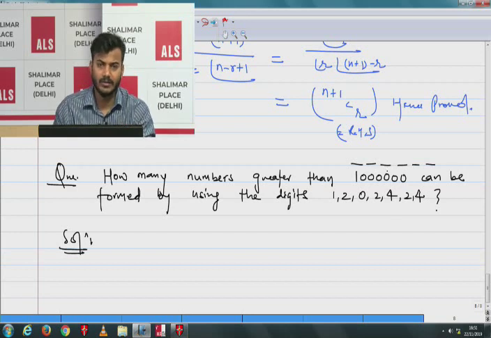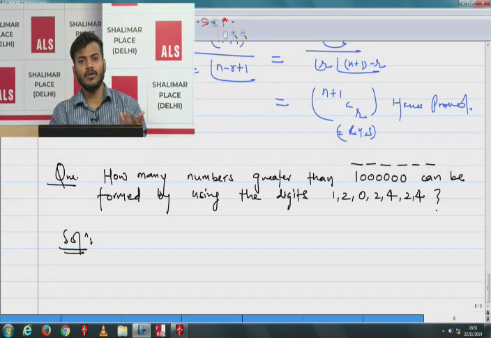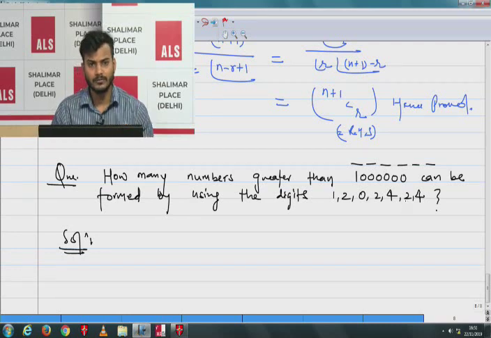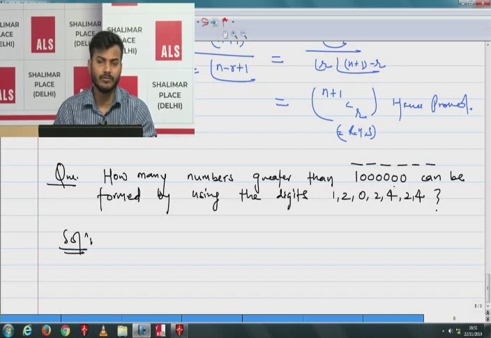Don't think about whether repetition is allowed or what other digits are available. You can fill in 4 twice, 2 thrice, 0 one time, and 1 one time. So this much you have to do.